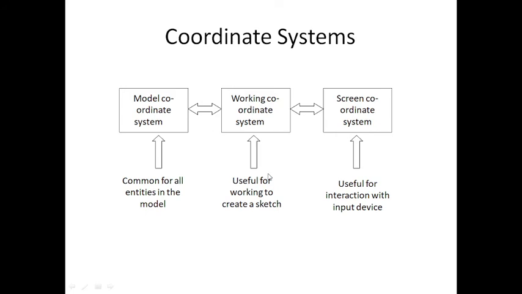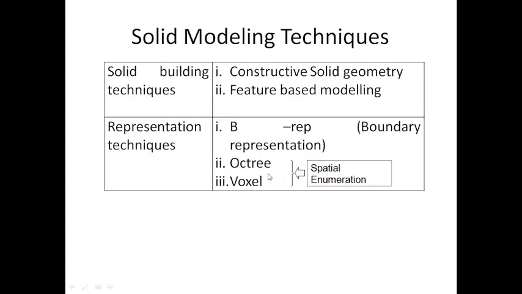The last thing I want to discuss here is the solid modeling techniques, although the details we'll be discussing in a separate chapter, because there is a complete lecture on solid modeling. Basically, we have five kinds of solid modeling techniques.